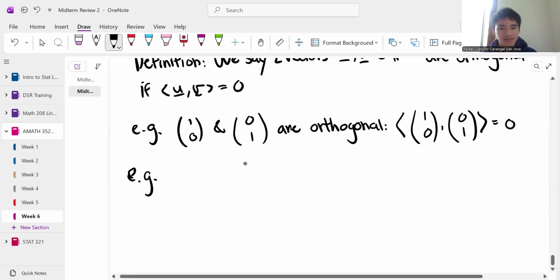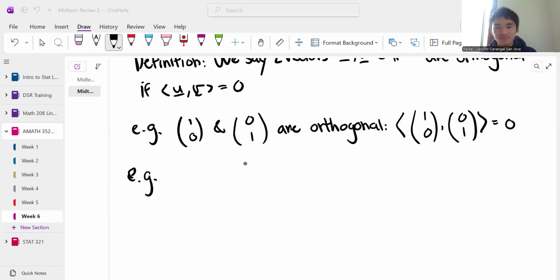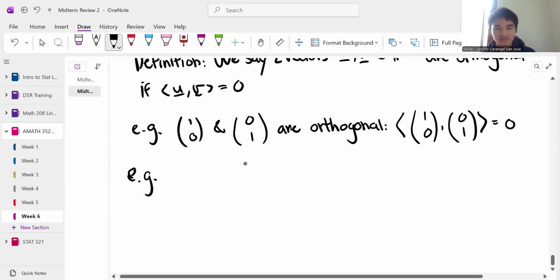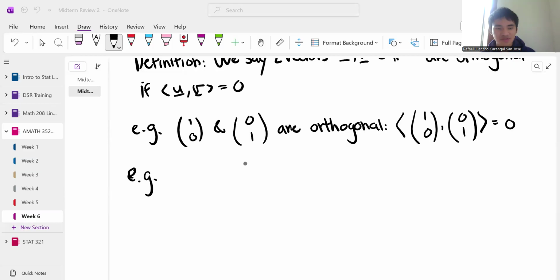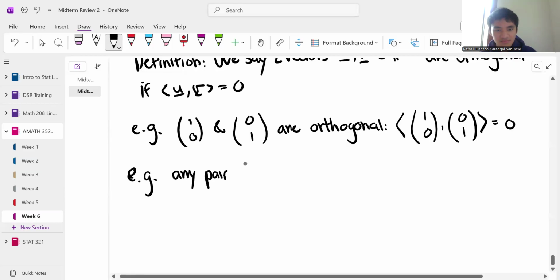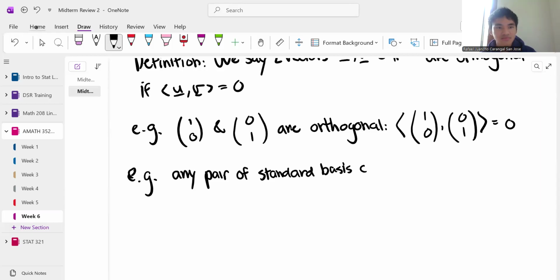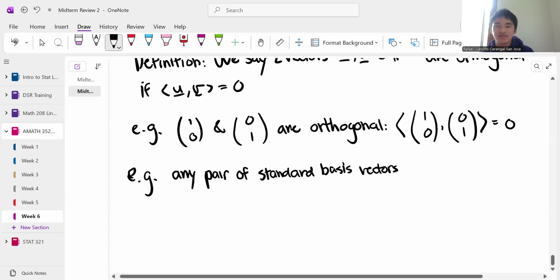Let's do another one. This one's another fact. I wouldn't say example, but a fact. But the professor put this as an example. We say that any pair of standard basis vectors, so this one's a more general idea, right?